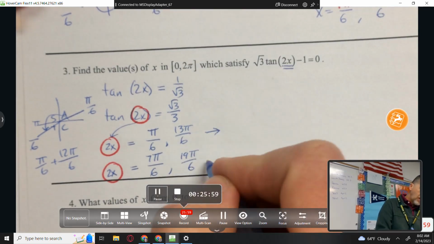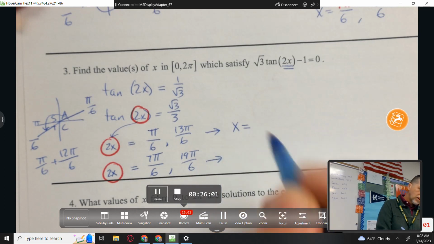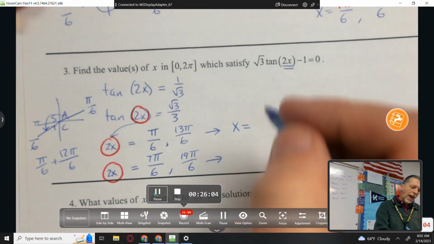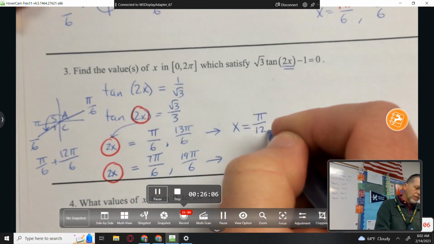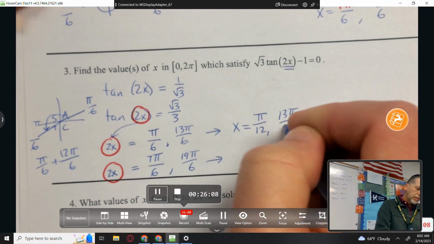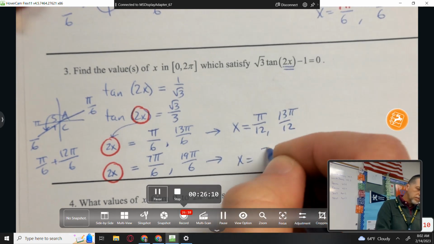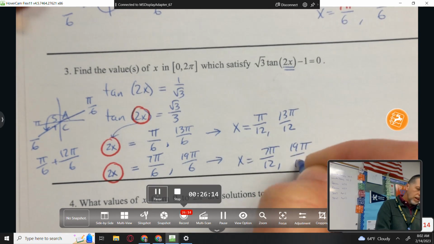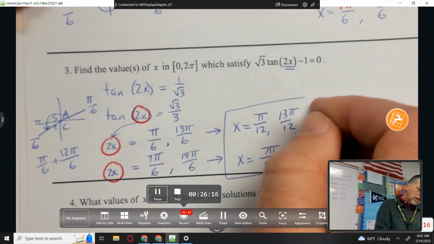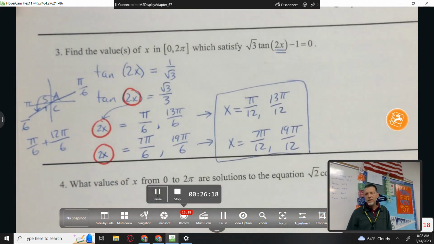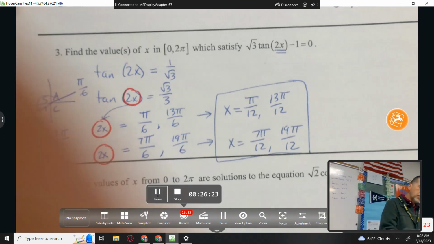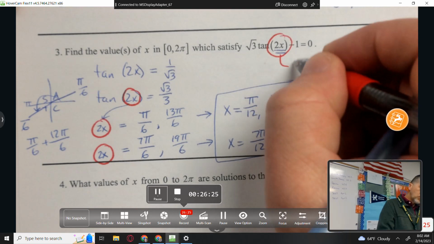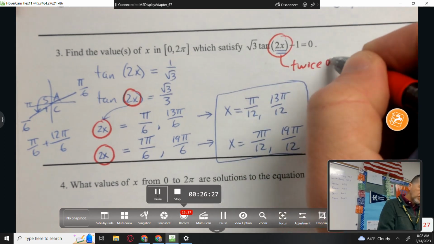And then I need to divide by 2, or multiply by a half, probably an easier way to think, since it's fractions. So while I normally end up with 2 answers, this time I ended up with 4 answers, but that's because the 2x means twice as many answers.